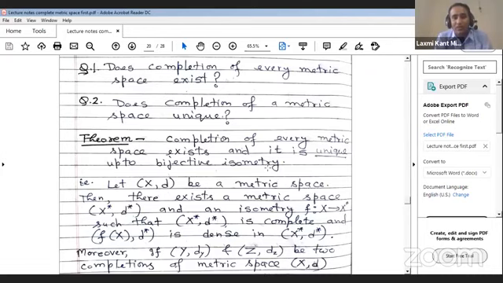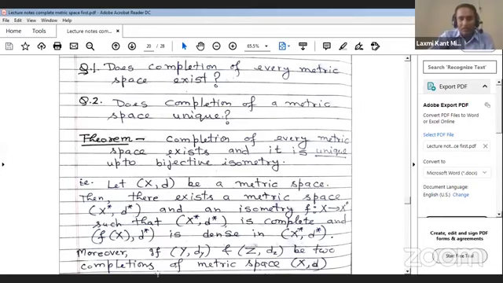So the answer to both questions is positive. That means if we have two completions of a given metric space, then there exists a bijective isometry from the first one to the second one.